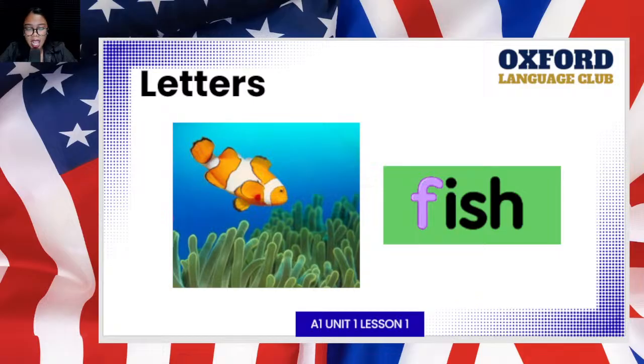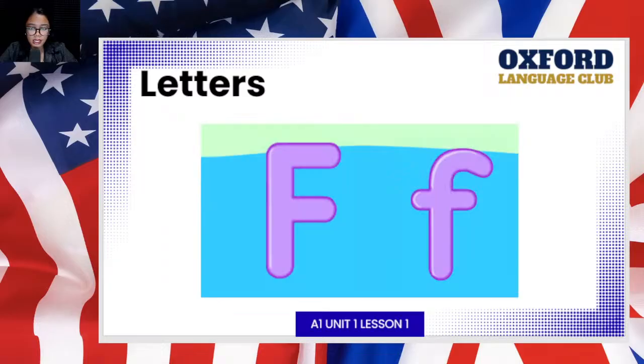Letter F. How do we pronounce it? What's our word here? Fish. Now, as you can see, we understand that fish live in water and they swim around. Okay, that's a fish.